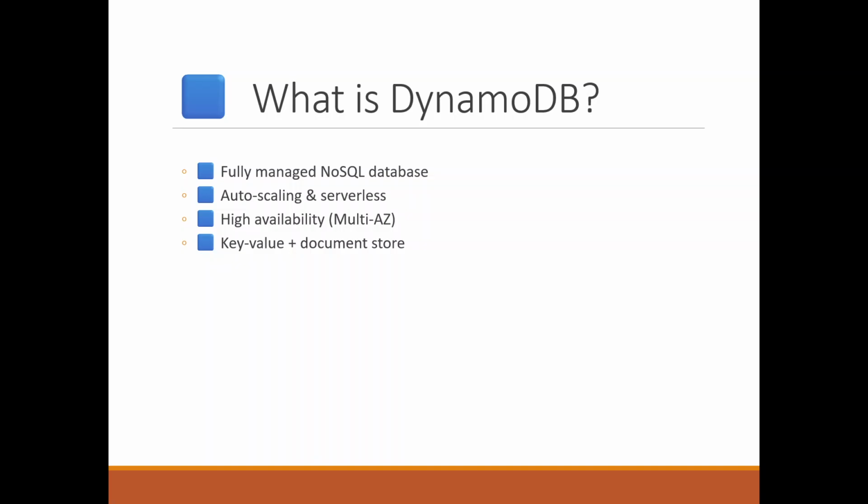Third, it has predictable single-digit millisecond performance. And it's highly available across multiple availability zones. It supports both key-value and document data. You focus on your application, AWS handles everything else.